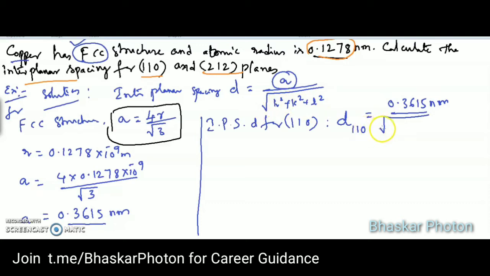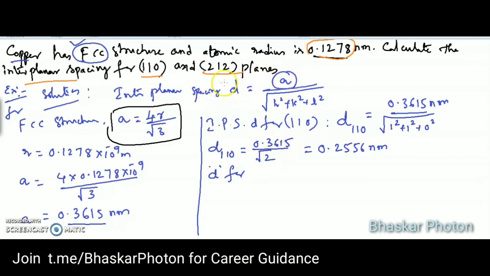So we have 1 square plus 1 square plus 0 square. If you do simplification, this interplanar spacing of 110 plane becomes 0.3615 divided by root of 1 plus 1, that is root 2, right? So this becomes 0.2556 nanometers.